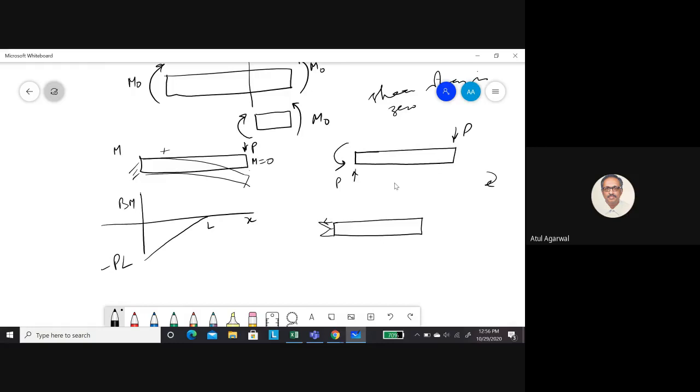Tensile stress here and compressive here. While there is no stress on this face, do you agree, Lavish? There is no moment on this cross-sectional plane. Yes, sir. There cannot be any normal stress here. Agreed or not?